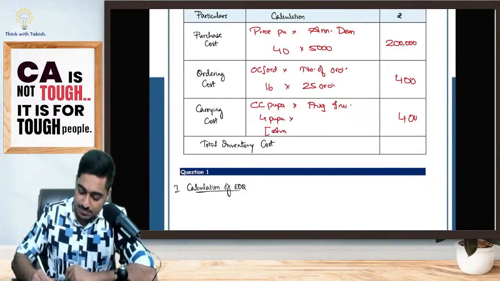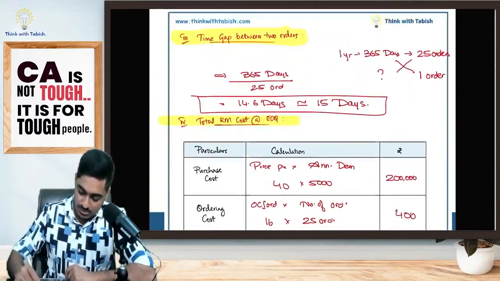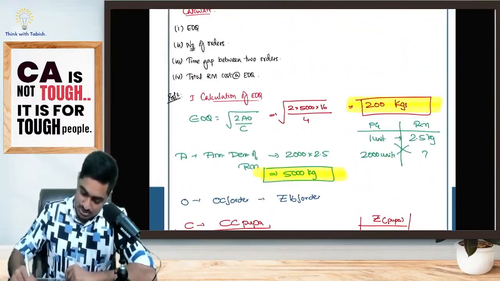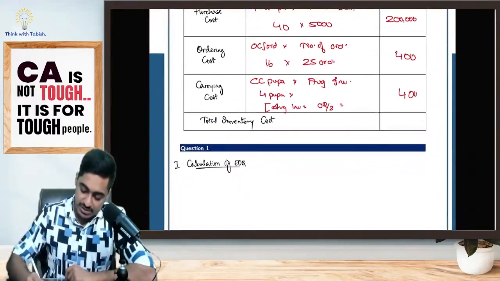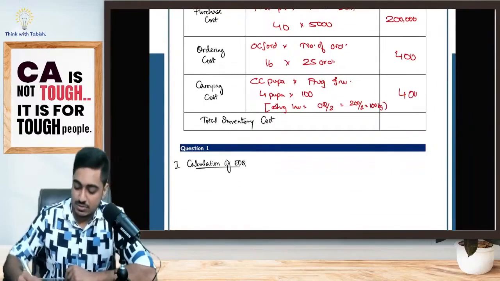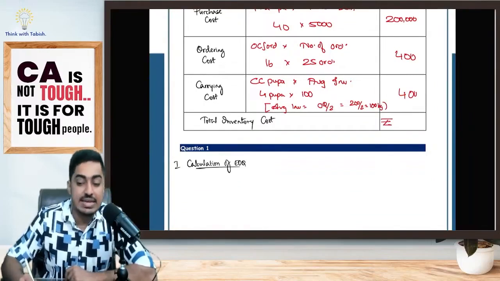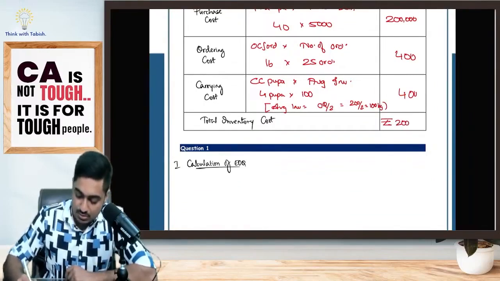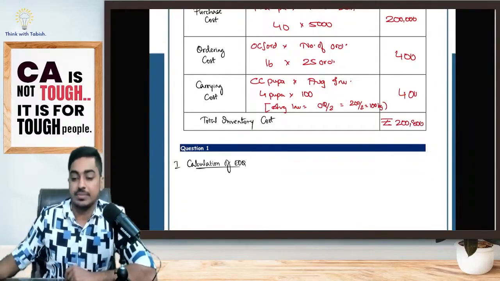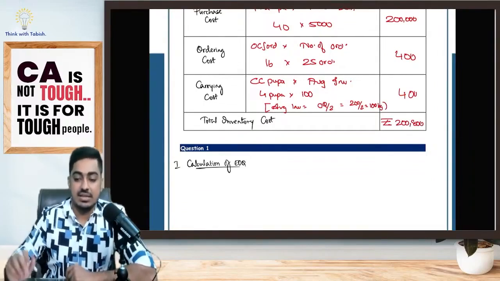Average inventory I want, which is ordering quantity divided by 2. The question told me EOQ, what was it? 200. So 200 divided by 2 is 100 kg. So 4 into 100 makes it 400. So the total is 2 lakh 800 rupees. Is this clear, everyone?